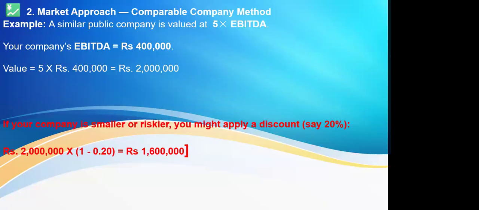Then he told me it is a little bit high. There was a land 100 meters away from your land, and they sold it at 50,000 per perch.